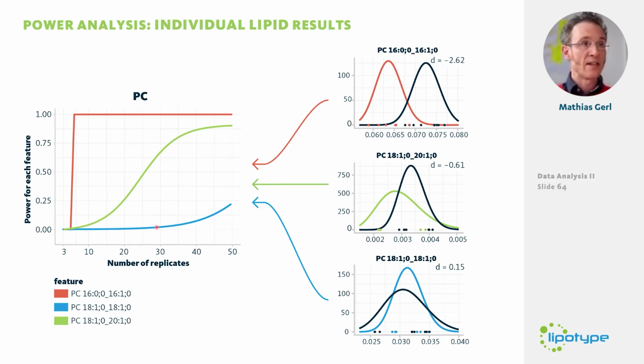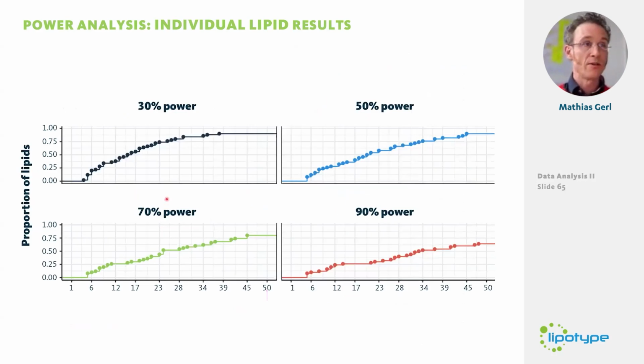These things obviously have to be adjusted according to your needs, and you say, okay, this is what your scenario is, what your test is, and so on. And then obviously you could look into individual lipids, but you could also say, okay, how many of my lipids have 30% power? And if you want 50% of your lipids to have 30% power, you might need about, say, 15.